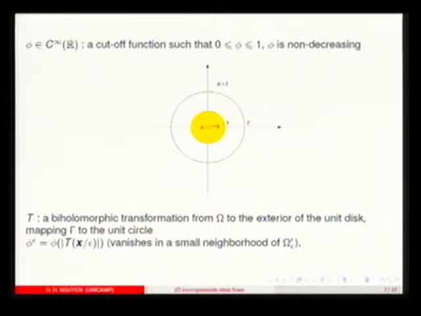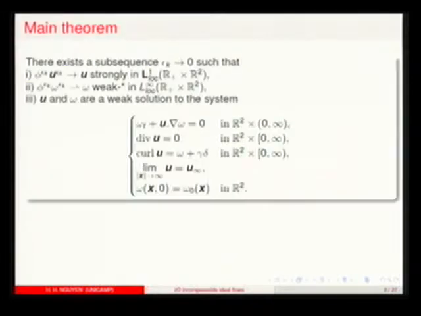After that, we construct psi epsilon. Now, I introduce the main result. There exists a subsequence epsilon k tending to 0 satisfying the estimates and convergence here. And U and omega are the weak solution to this system.